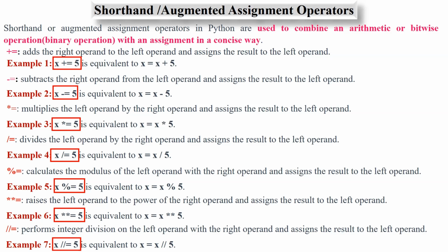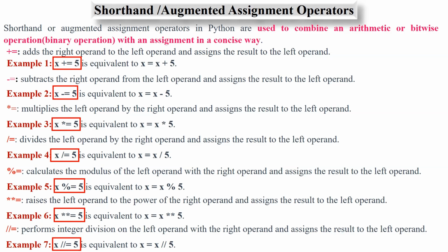Next one is modulus equals, which calculates the modulus of the left operand with the right operand and assigns the result to the left operand. Example 5: x modulus equals 5 is equivalent to x equals x modulus 5. Next one is exponentiation equals, which raises the left operand to the power of the right operand and assigns the result to the left operand.